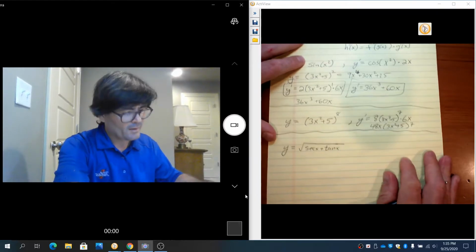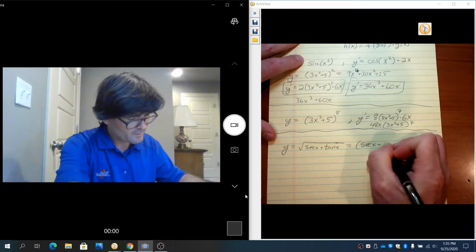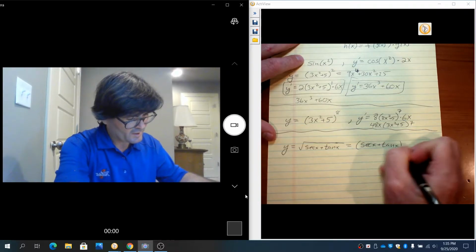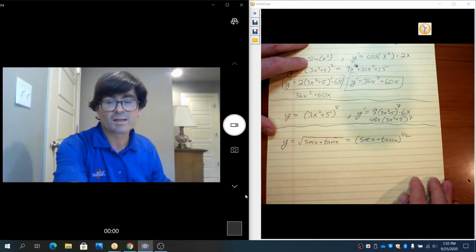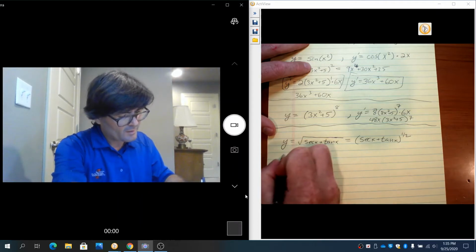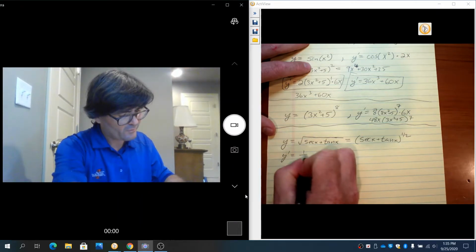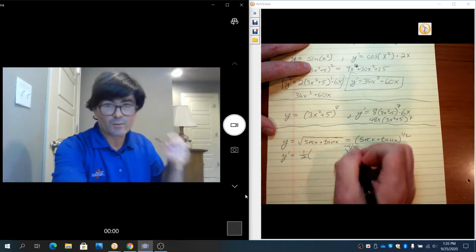Not too bad. We're going to start out by calling this secant x plus tangent x to the 1/2 power. Anytime you have a root, you're almost always better off writing it as an exponent with a fraction. And y prime here is going to be 1/2. Drop that power to negative 1/2.